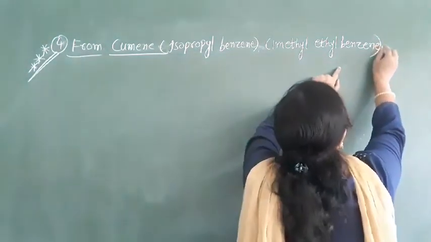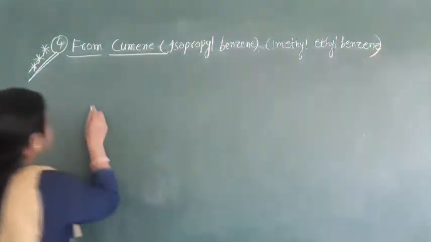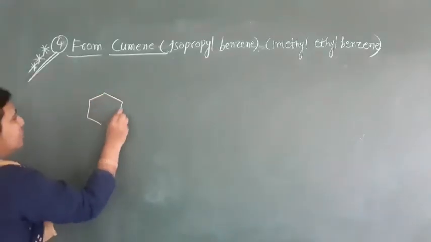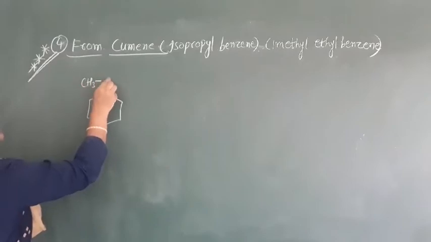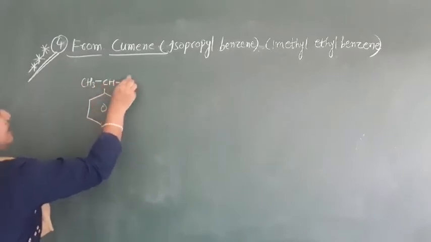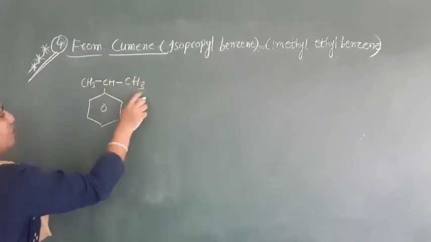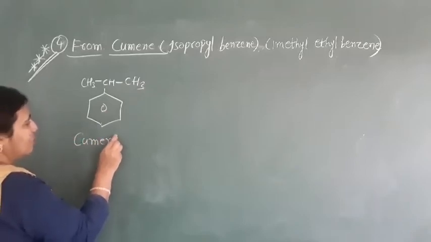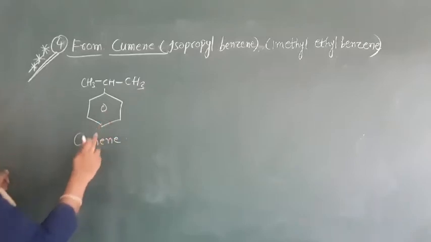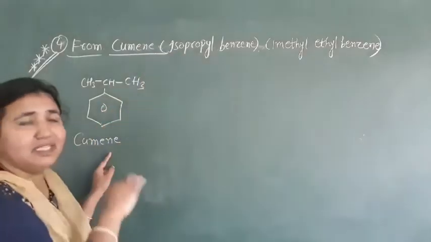Please remember these names. So what is the cumene structure? Benzene, and this is CH3, CH3. Isopropyl benzene, cumene.